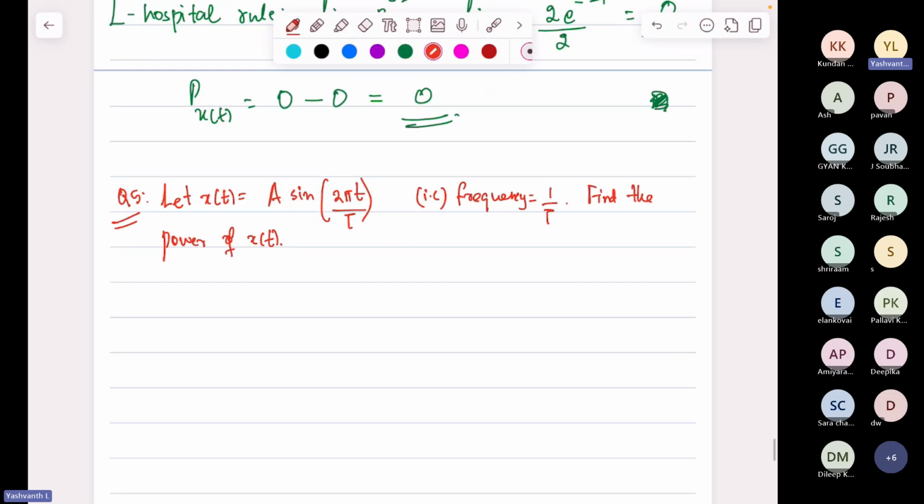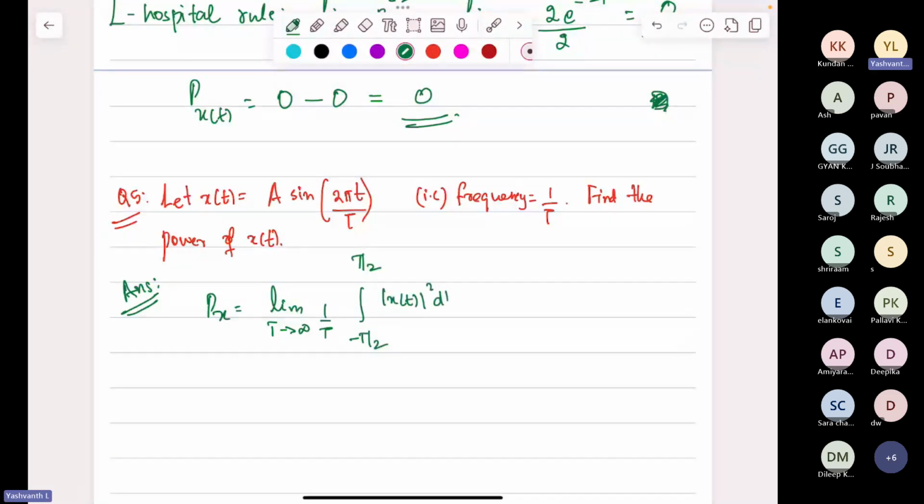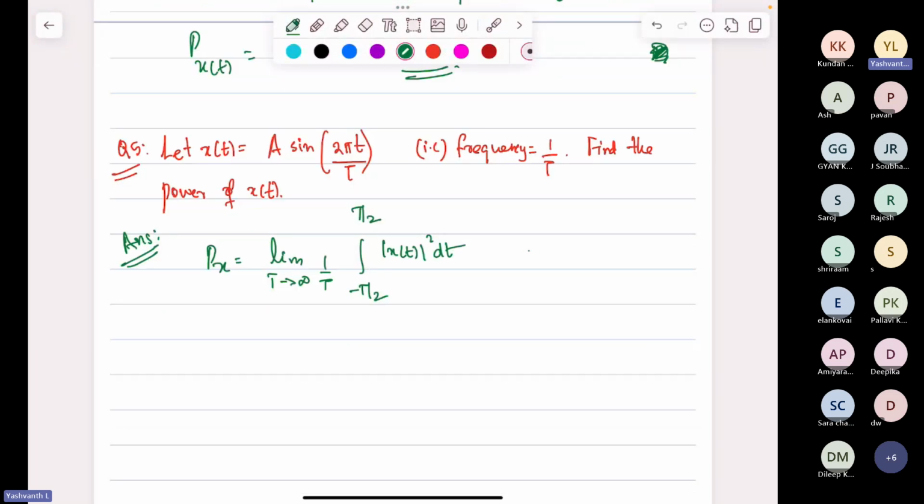Okay, let's solve. Answer: P of x is nothing but limit T tends to infinity 1 by T integral from minus T by 2 to plus T by 2 mod x of t square dt, where T is the period of the signal.